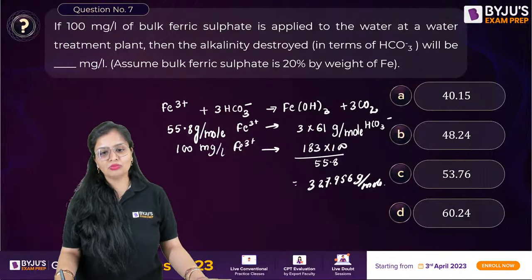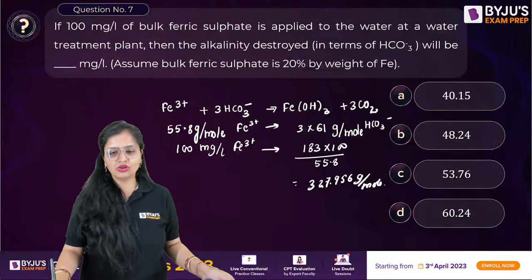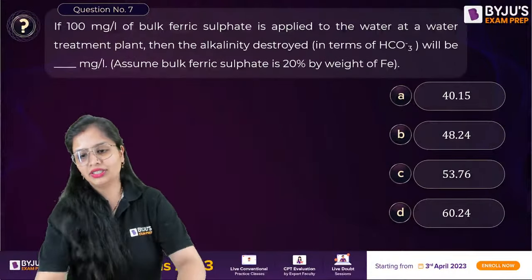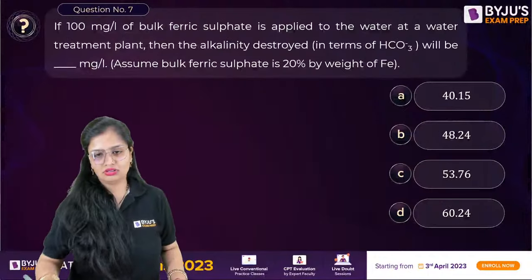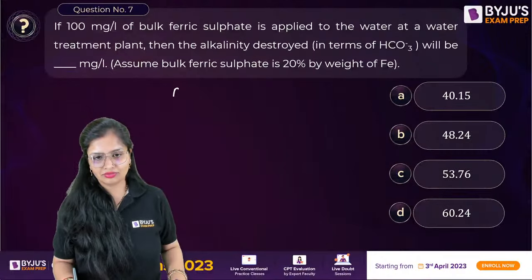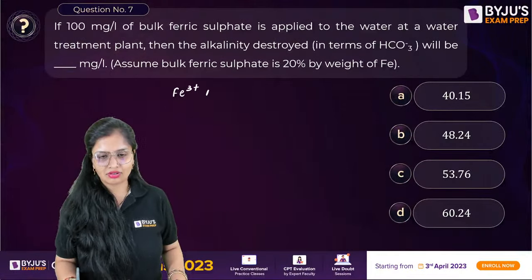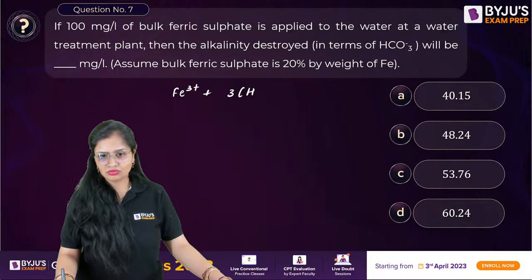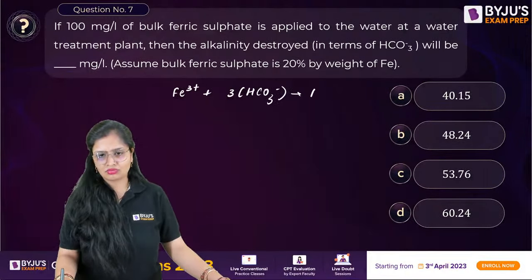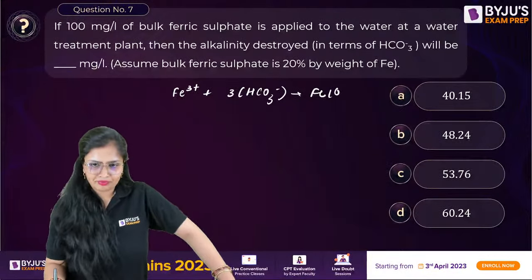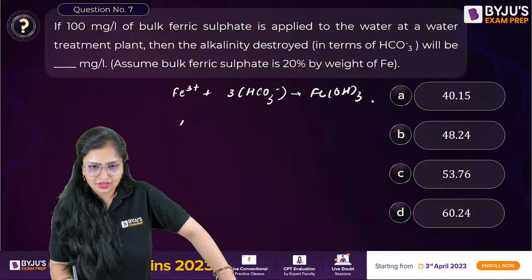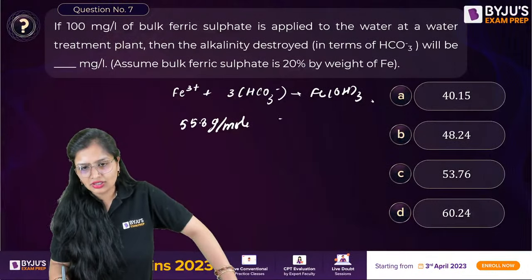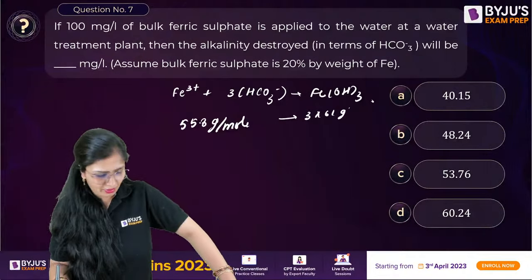Technically you won't be getting gram per mole now, because they will get cancelled out. You will be getting mg per liter. Okay, I'll write it again. 55.8 gram per mole, and this will be 3 into 61 gram per mole.